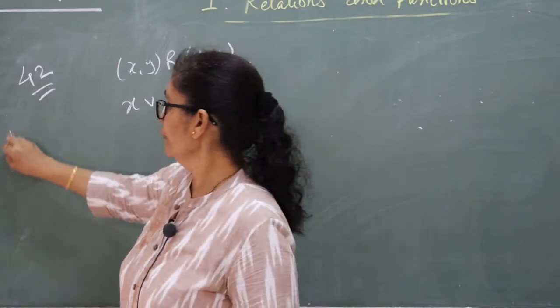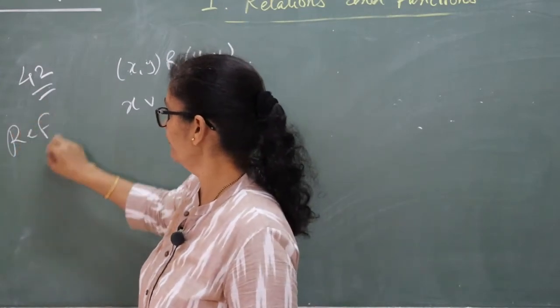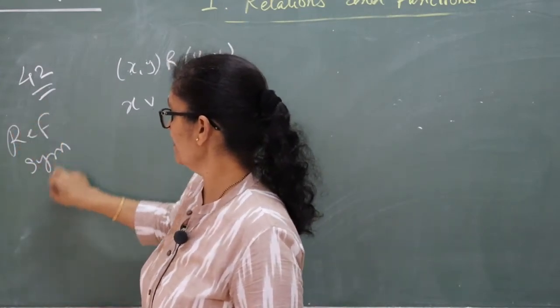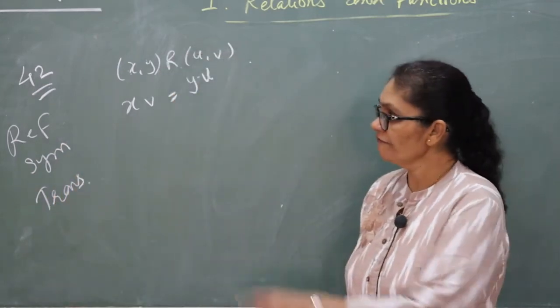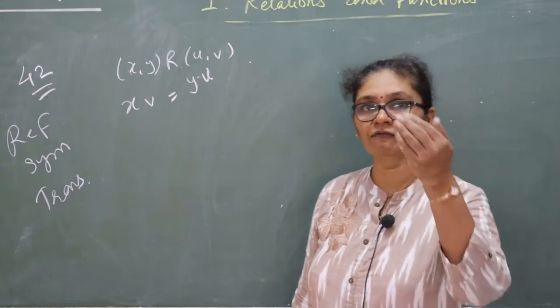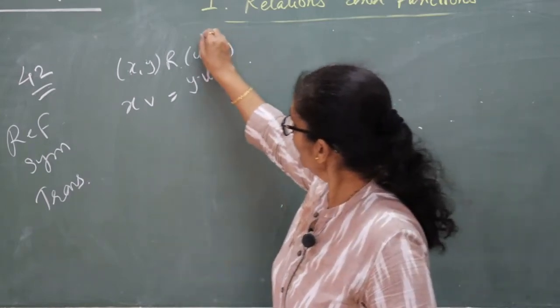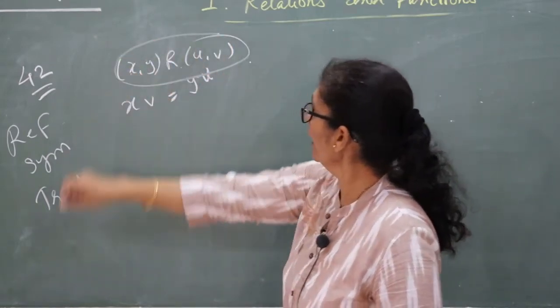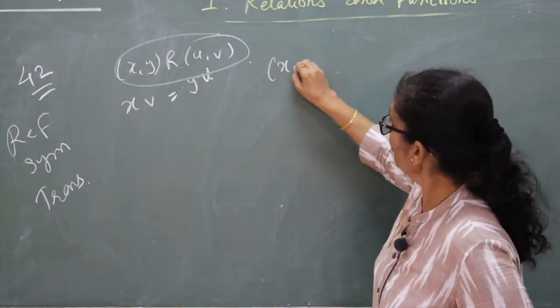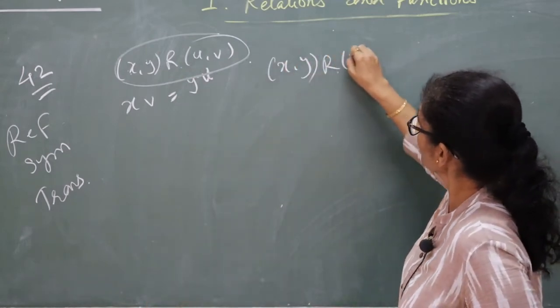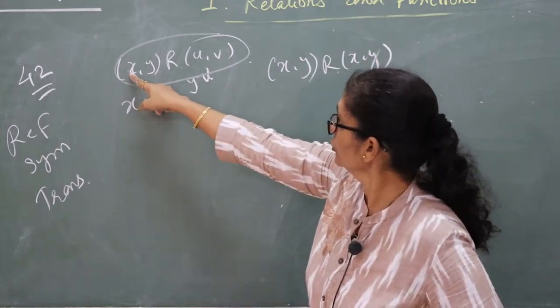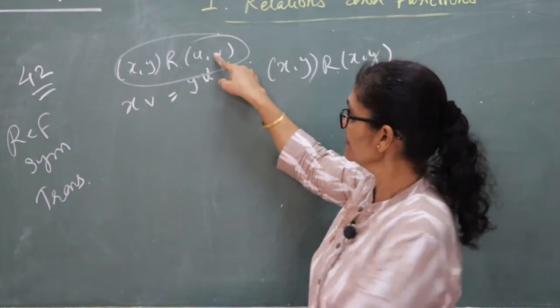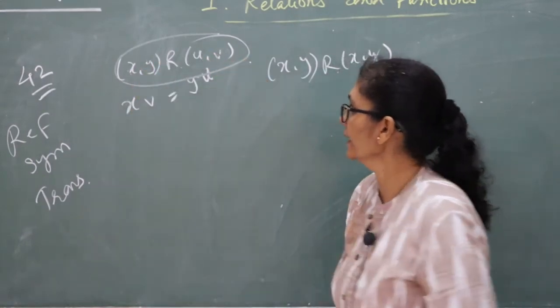Equivalence means what? First you have to check reflexive, secondly symmetric, and third transitivity. Reflexive means a relation with itself. So if I take this relation, I write the relation of (x, y) with (x, y) itself. What condition is applied here? Check it: x with v means first and last, and second and third.